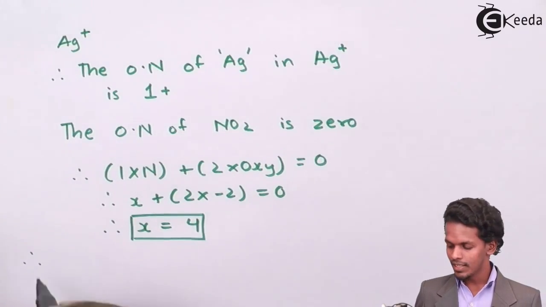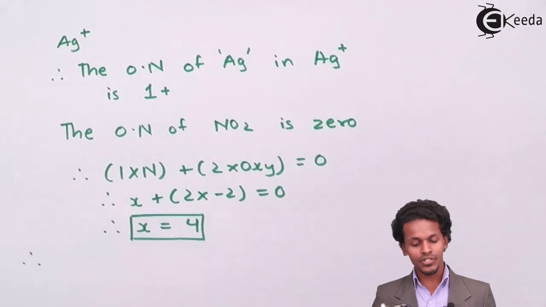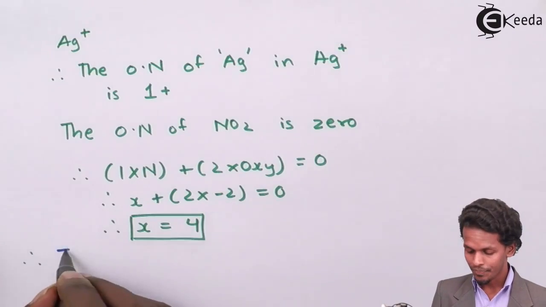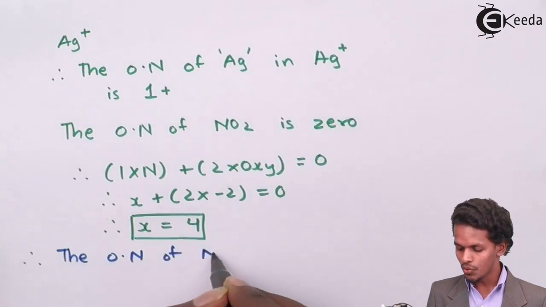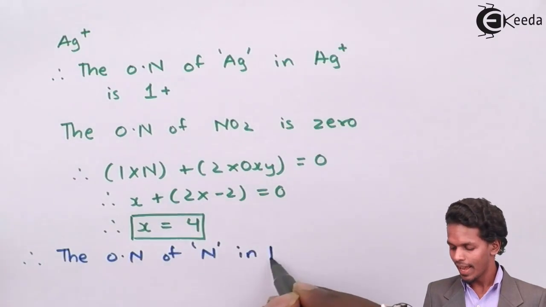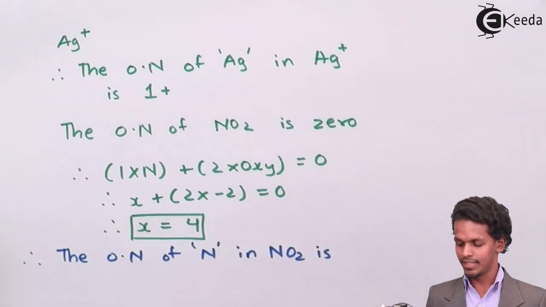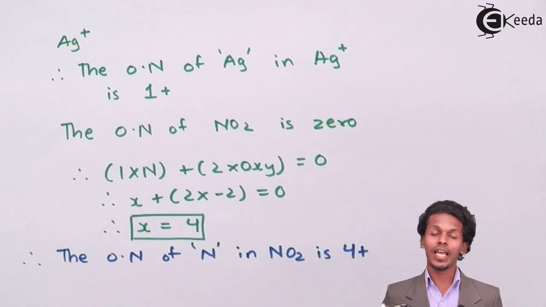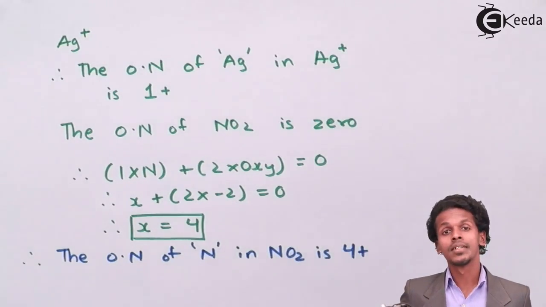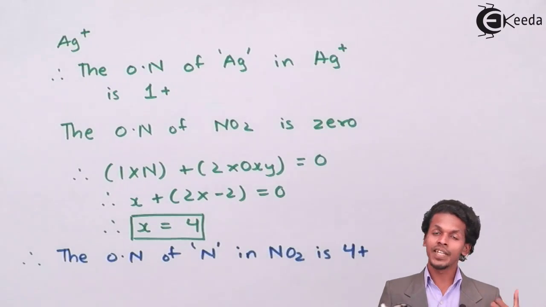So I have estimated that the oxidation number of nitrogen in NO2 is 4 plus.